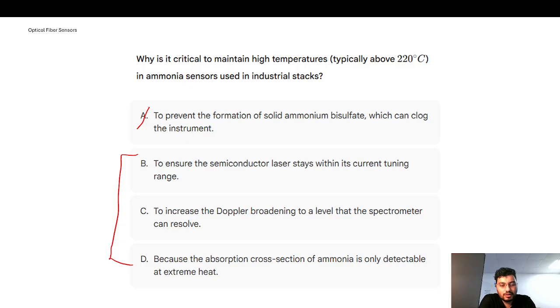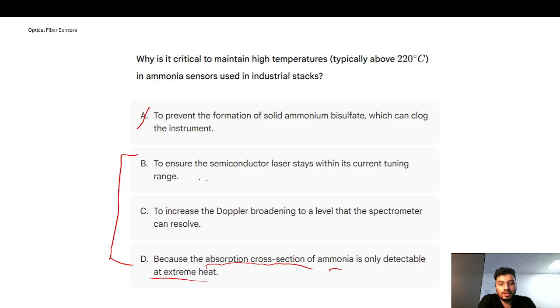If the line is sharp, then it's better. Doppler broadening is also not good for spectrometer detection, though to some extent it is present. There is no relation with the absorption cross section of ammonia being detectable at extreme heat.